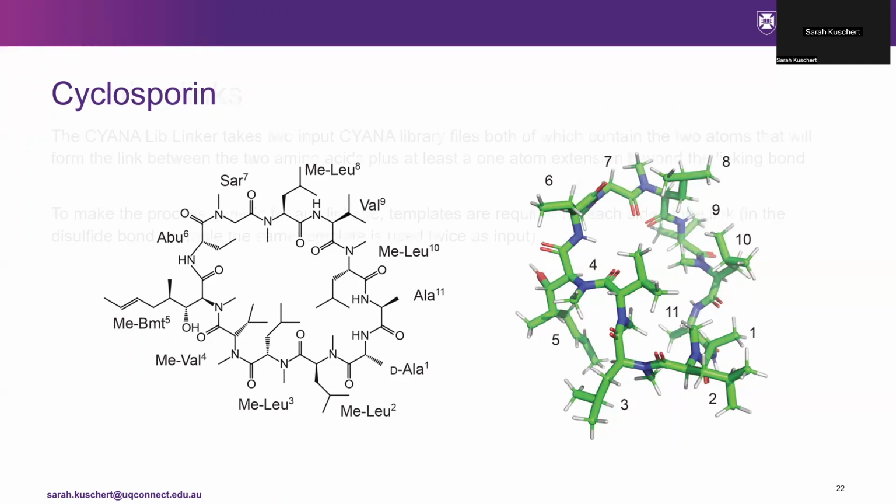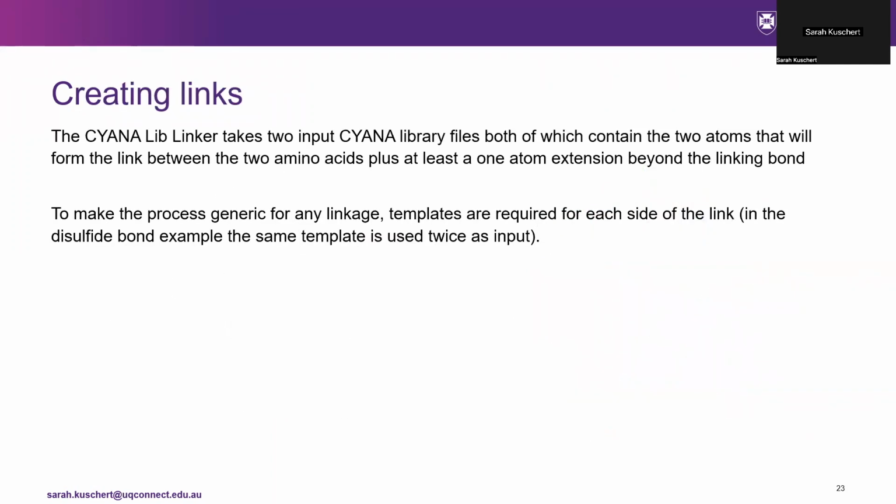Another key part of peptides that contain non-standard amino acids is that they often have some form of link between 2 side chains. While Cyana is able to, as a default, create disulfide bonds, there wasn't a process to create a link between 2 other side chains to cyclize a peptide in that method.